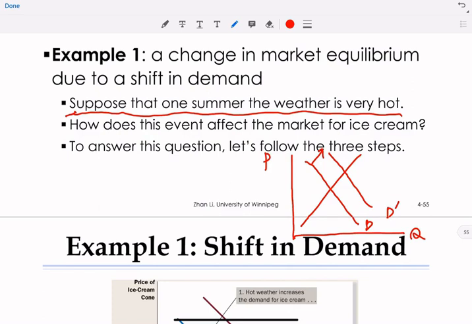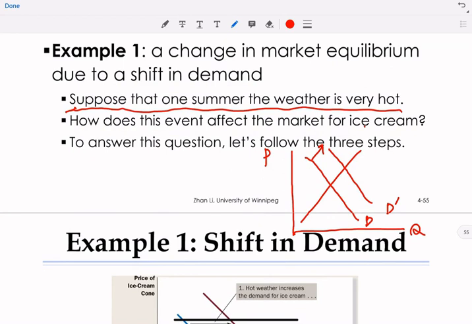Now, after the shift, what is the change in equilibrium price and equilibrium quantity? Well, this is your supply curve.